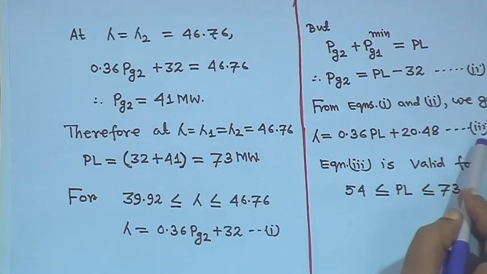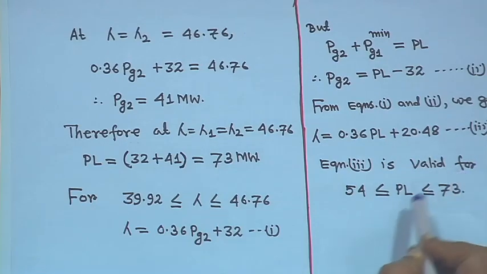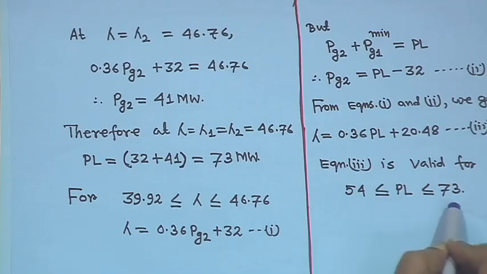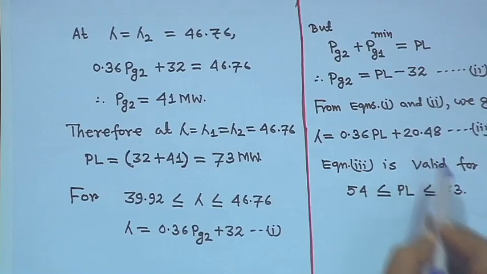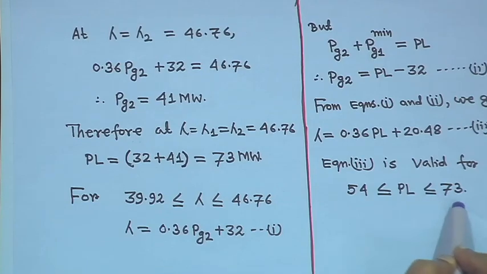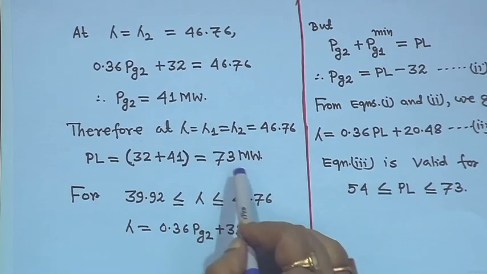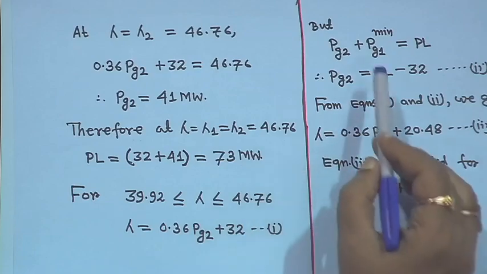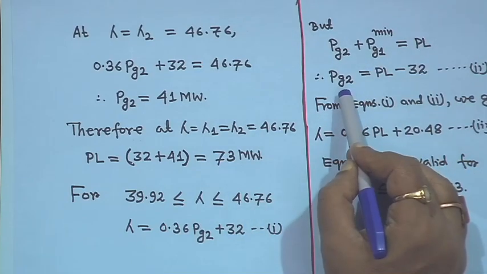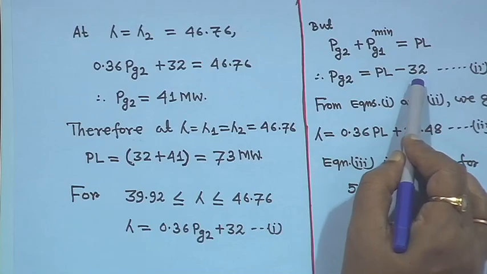This is equation 3. This equation 3 is valid for PL greater than or equal to 54 and less than or equal to 73. That means this is valid when the load is lying between the minimum load and 73, because the total load is 73. So what we are doing is Pg2 plus Pg1 min is total load PL, that means Pg2 is equal to PL minus 32, right.